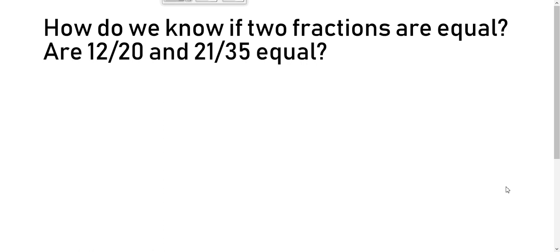How do we know if two fractions are equal? Yeah, that's a doozy of a question, isn't it? Because you're thinking about, well, can we reduce this?